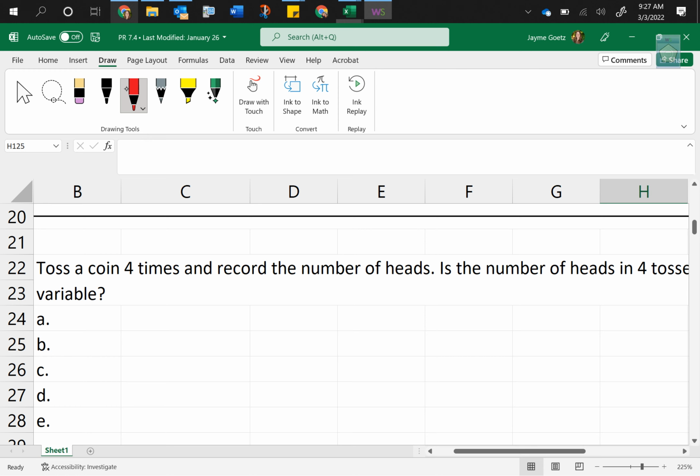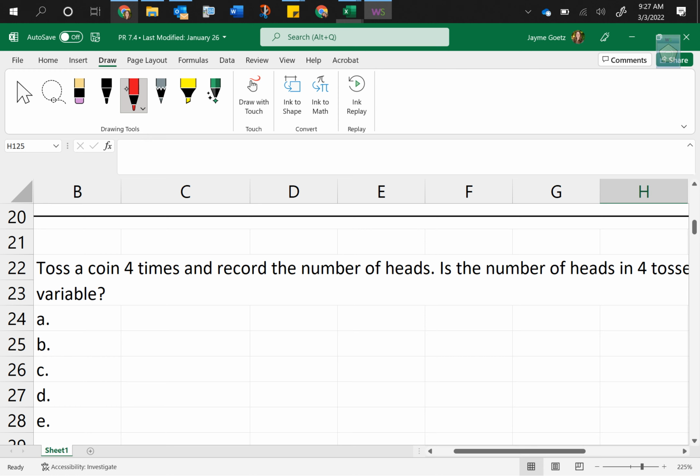Now the second rule: the experiment consists of n identical trials as described in condition 1. How many times are we tossing the coin? 4. And is it the same thing every time? Am I changing anything about it? No, I'm tossing the coin 4 times. So n is going to equal 4 here.